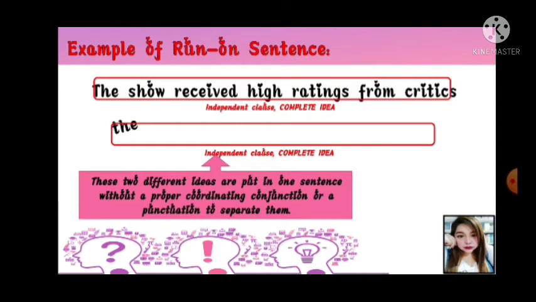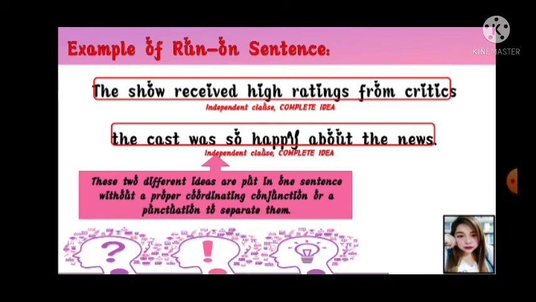For example, the show received high ratings from critics. The cast was so happy about the news. So this is just one sentence, but this is a run-on because these two different ideas are put in one sentence without a proper coordinating conjunction.